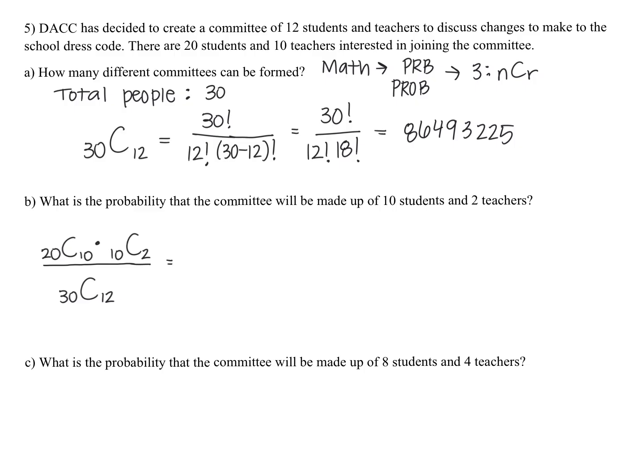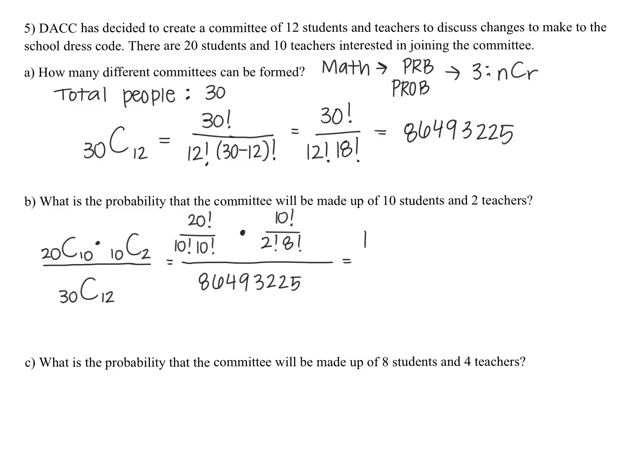So for my numerator, again, you can just do the calculator, but the way the factorial works, it'd be 20 factorial over 10 factorial, 10 factorial, times 10 factorial over 2 factorial, 8 factorial. And then my denominator is just the 86,493,225.